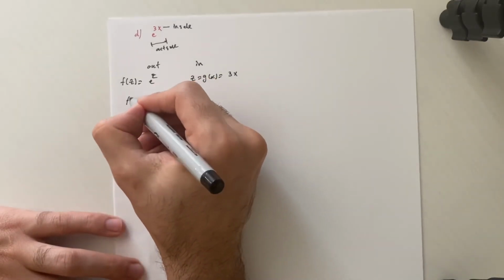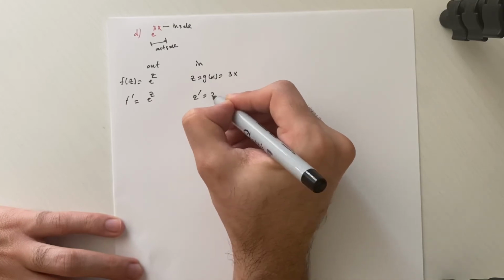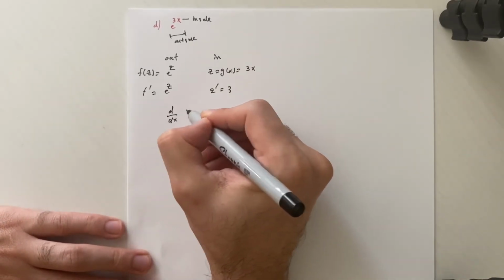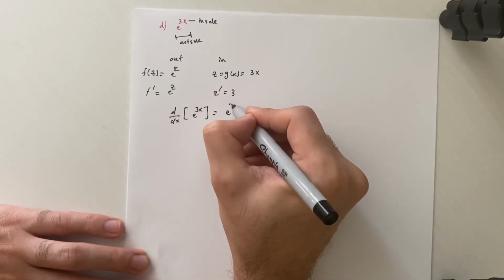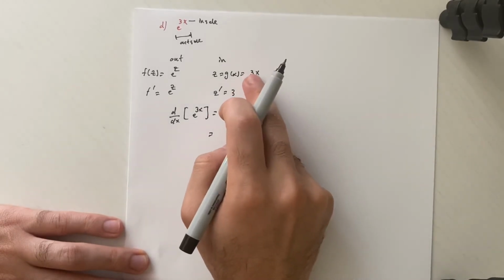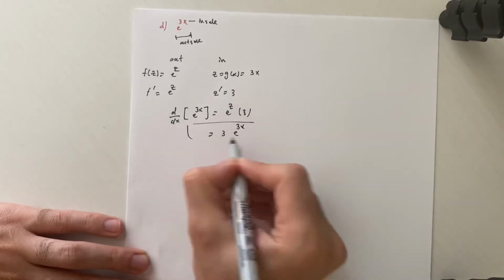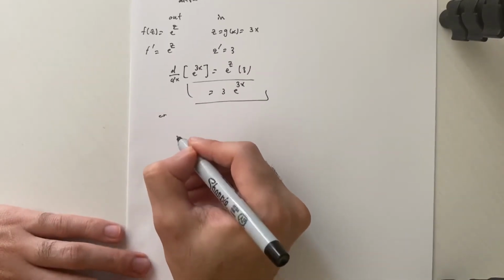Now we will take the derivative of each. And now we are ready to apply the chain rule, which is just to multiply f prime by z prime, and then write the z back in terms of x.